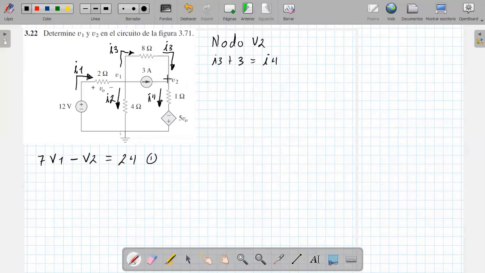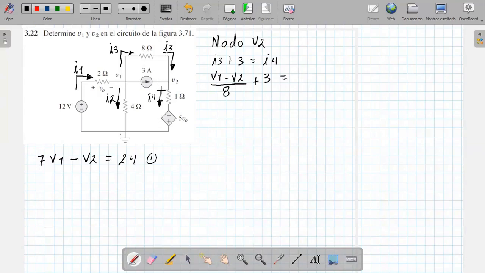What comes in will be the same as what comes out. So, the I3 is P1 minus P2 over 8, plus the 3 amperes, equal to the I4.